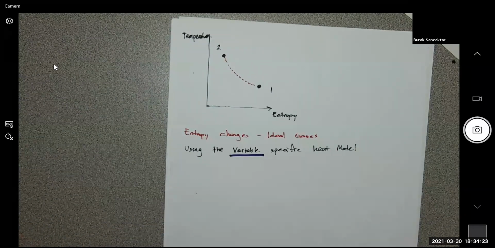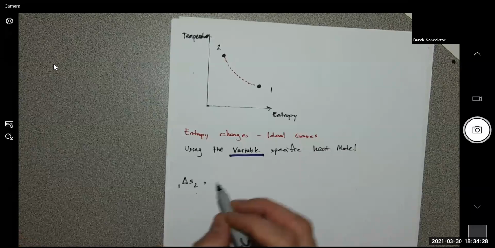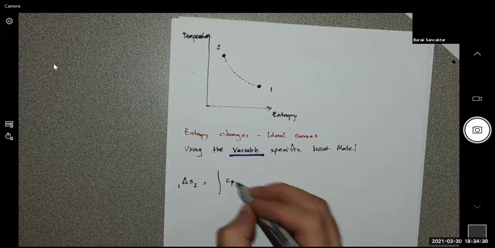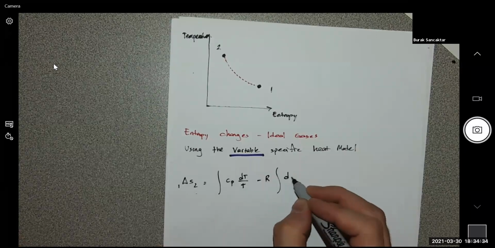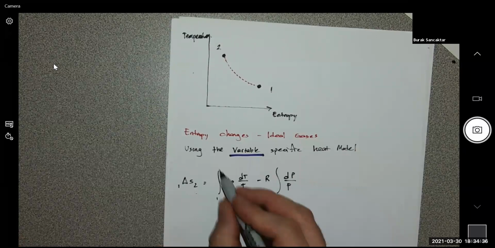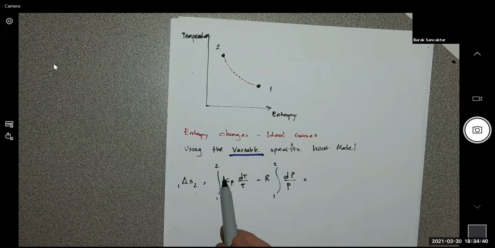Entropy change from state 1 to state 2 is the integral of Cp dT over T minus R dP over P. In the first case, where my specific heat was a constant, I took it outside the integral. Now I cannot take it outside.